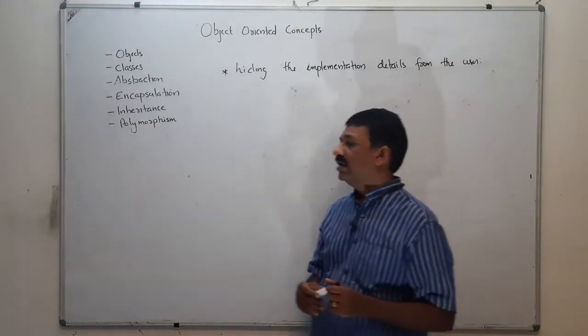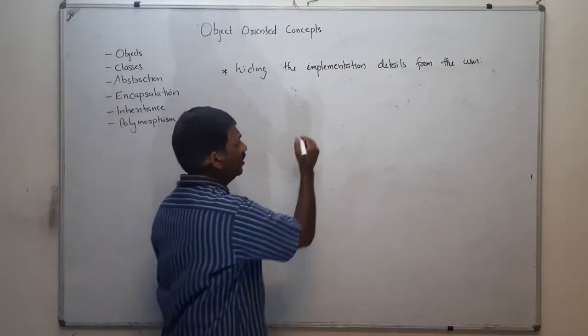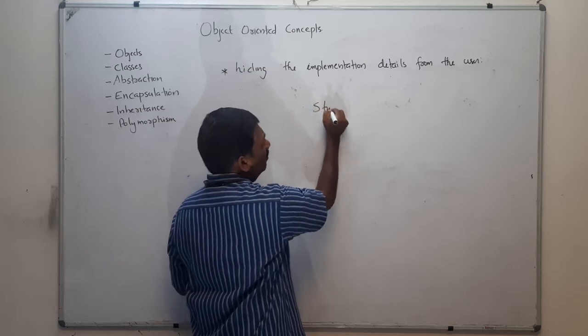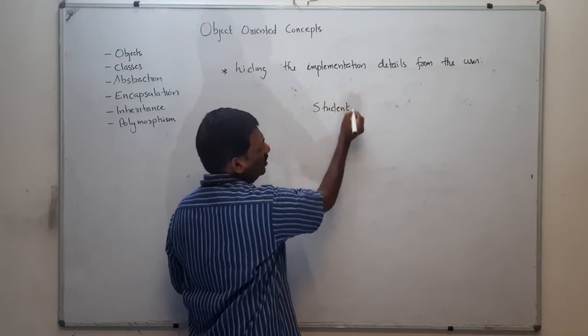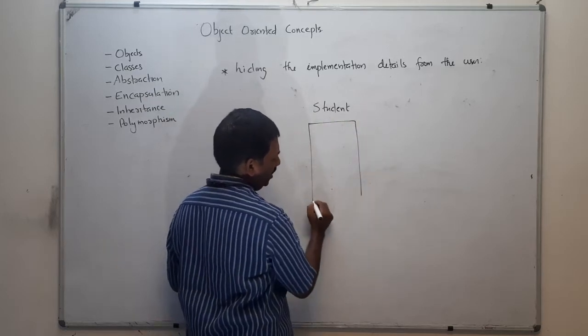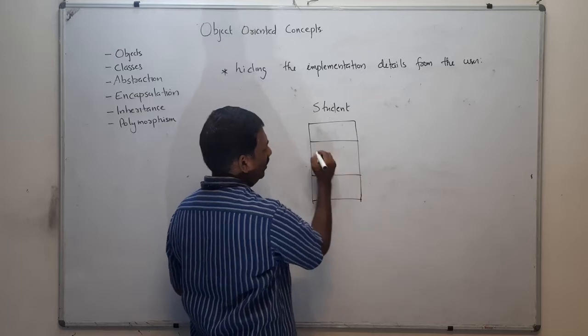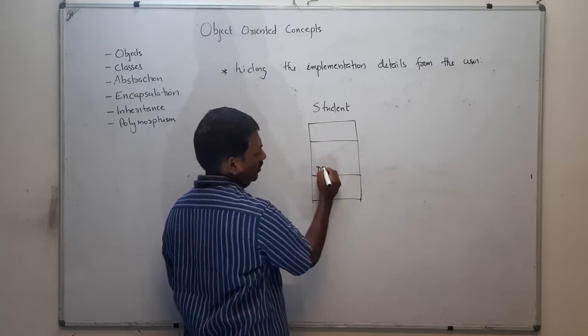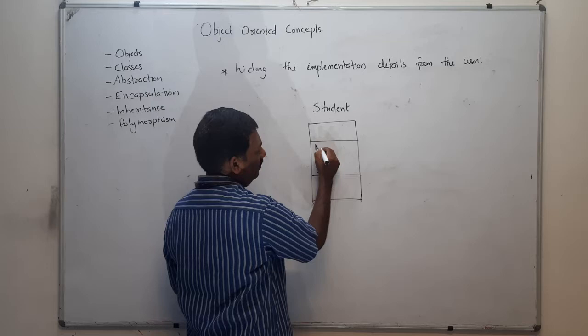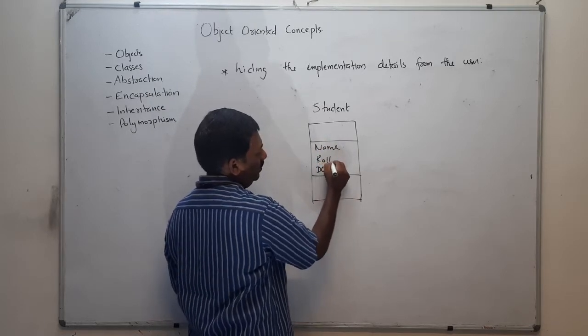Likewise, suppose that you have a student object. Suppose that you have a student class, and as you know, student class has a number of properties. For example, date of birth, then name, then roll number.